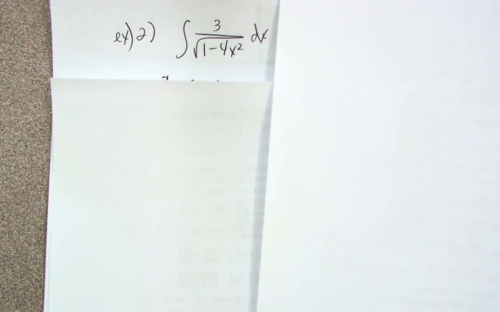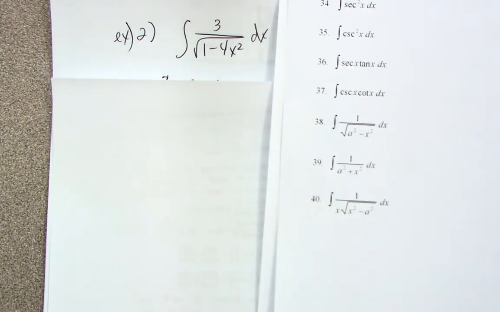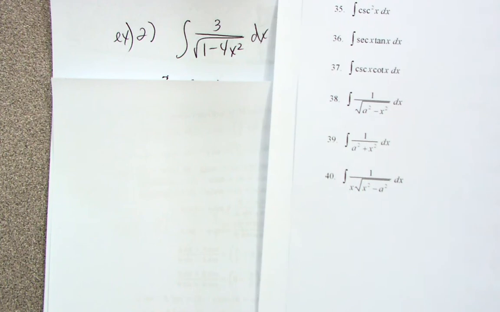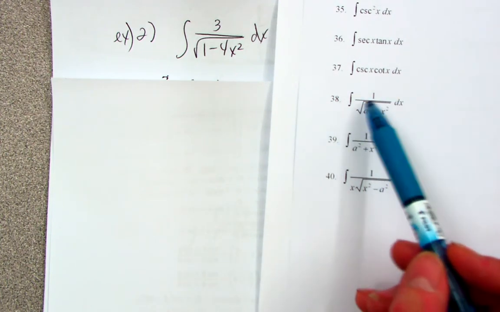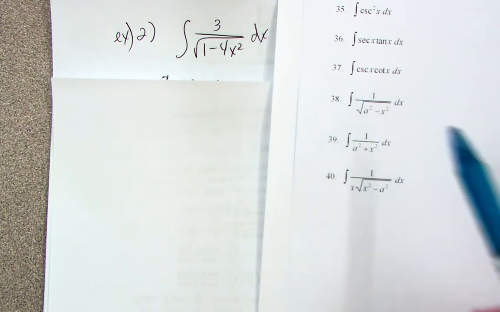So the integration of 3 over the square root of 1 minus 4x squared. Let me take the smaller sheet here. I kept this right next to me when I was doing the work. That looks like it's going to model this one here: square root, the constant and the variable second.